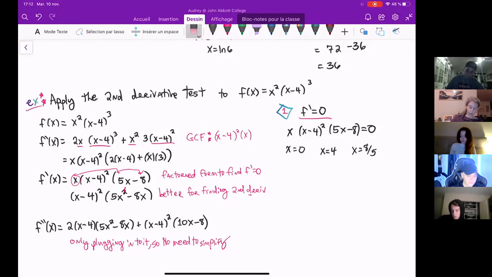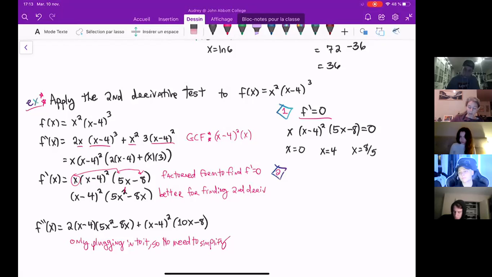Okay, so in that case, now I'm taking these values and plugging them into my second derivative. Do I care about where f prime doesn't exist? No. Remember we said the second derivative test doesn't apply then, nothing to think about.